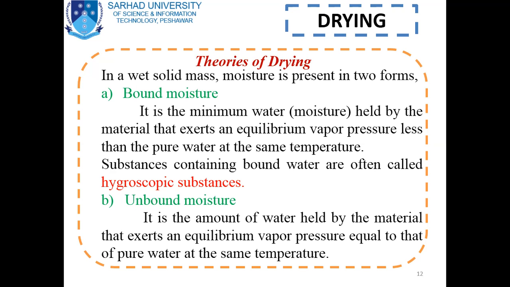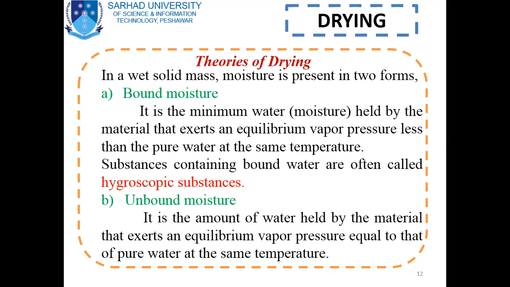In the first case, the equilibrium vapor pressure was less than that of pure water at the same temperature, but in this case the vapor pressure exerted by the moisture held by the material is equal to that of pure water at the same temperature.